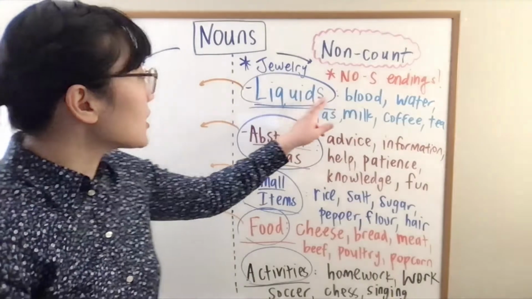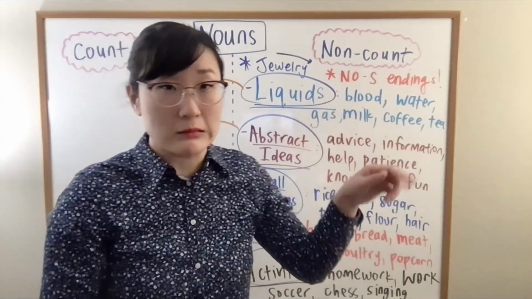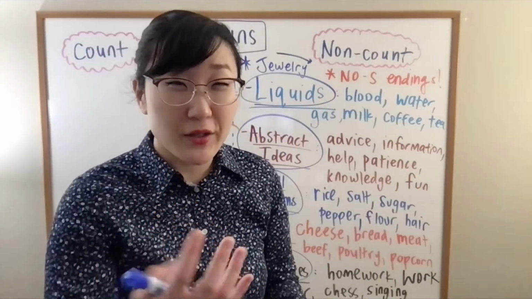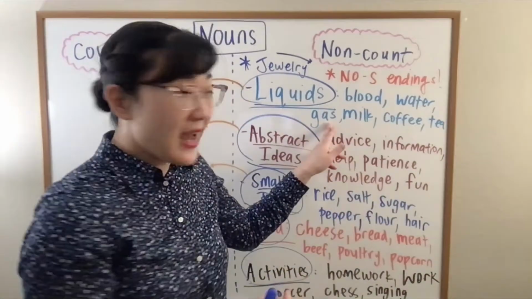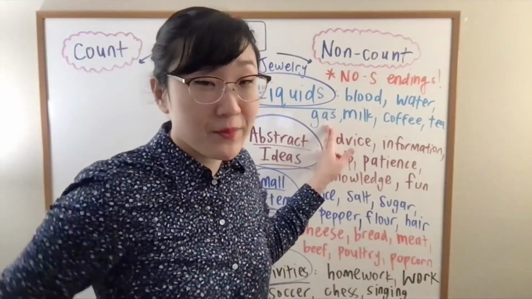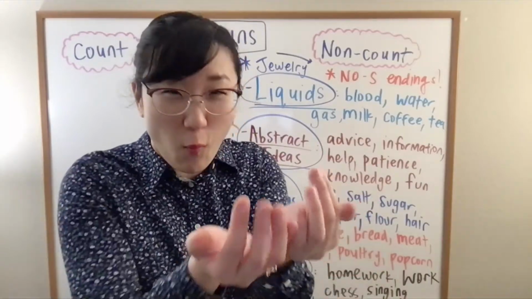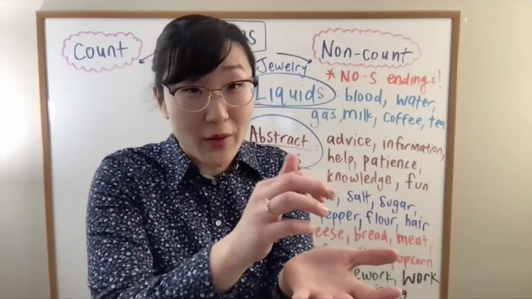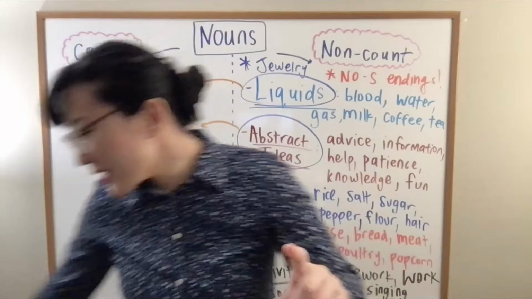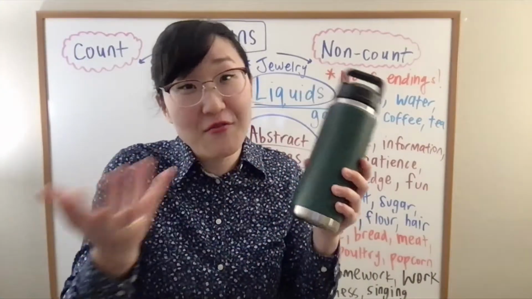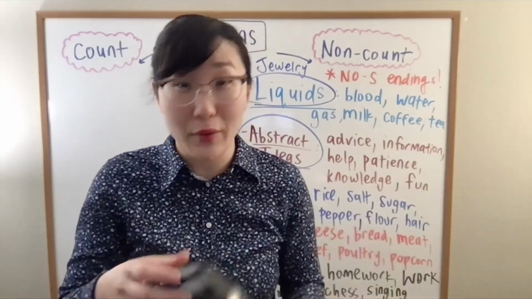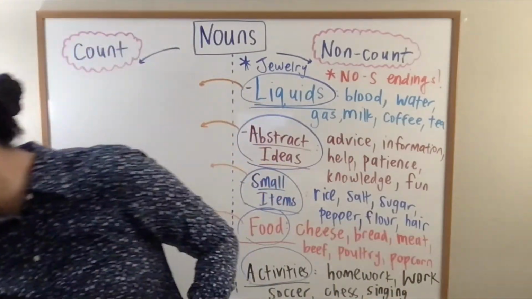So when we talk about liquids, for example, blood or water, coffee, tea, juice, or even gasoline for your car, we cannot count water. You cannot count water, but you can count, for example, a bottle of water. I have 5 bottles of water, right? But you cannot count the liquid.